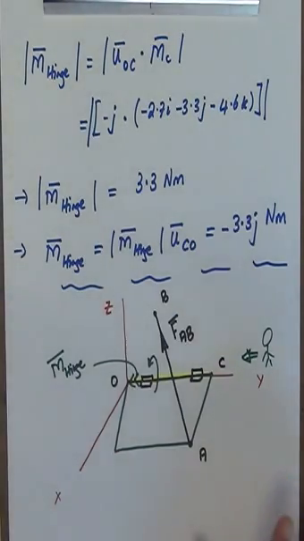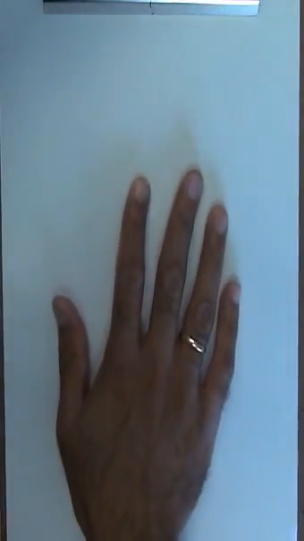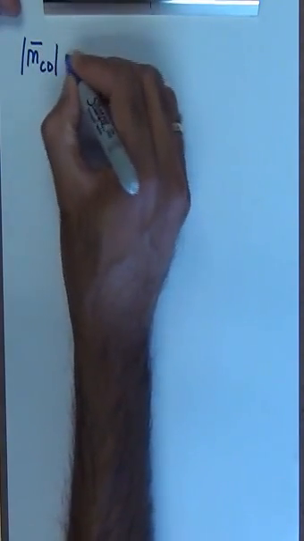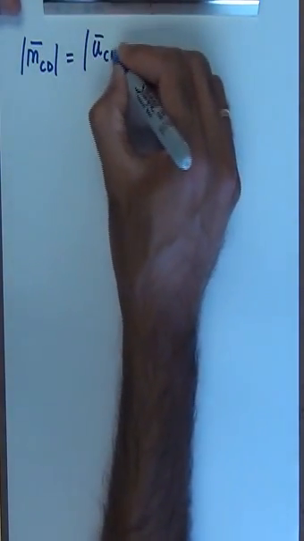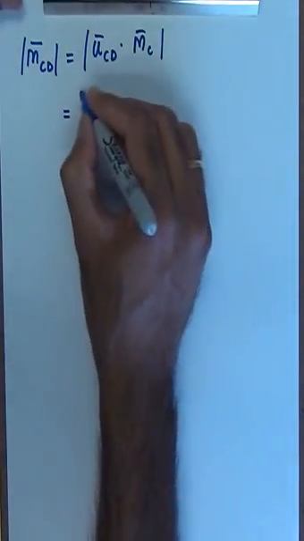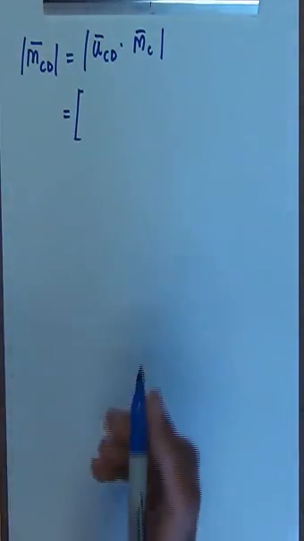And likewise we can find out the moment about the line CD. Last step towards finding that answer is as follows. So I have a moment about the point C already known to me. So the magnitude of the moment about the line CD is the magnitude of U_CD dotted with the moment about the point C, and this is going to be the dot product of these two. We already have U_CD as follows. We wrote it in the previous page.